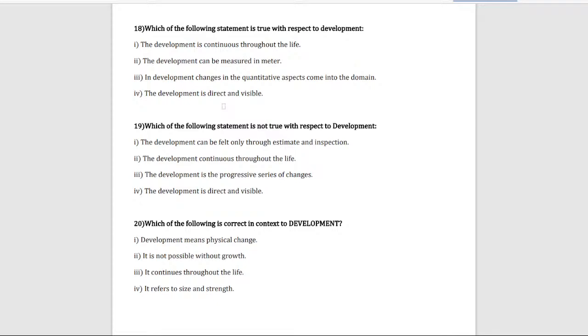Fourth, development is direct and visible. So, which of these statements is true with respect to development? And the correct answer for this question is first, development is continuous throughout the life is true with respect to development.